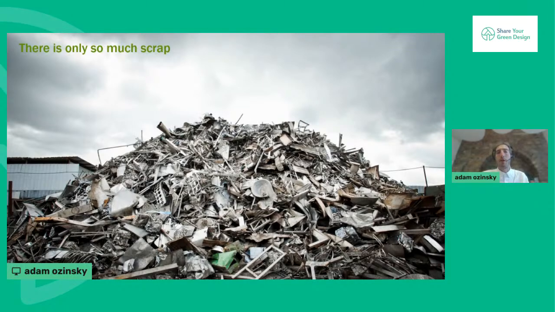So the idea that on my project, specifying high recycled content aluminium actually makes a difference to the global issue of climate change is fallacious. If I don't specify it, somebody else will. It will get used. We need to somehow engage our clients and really have those conversations around this. This is one of the reasons why specification isn't the route out.